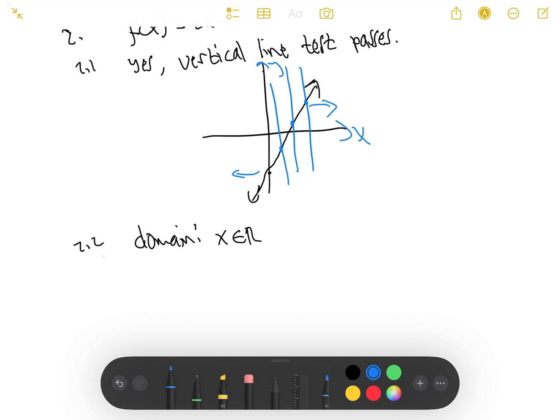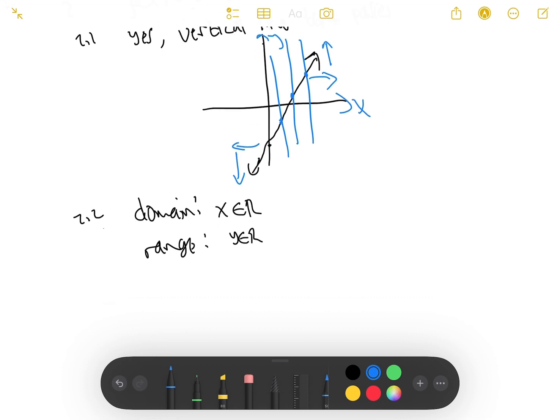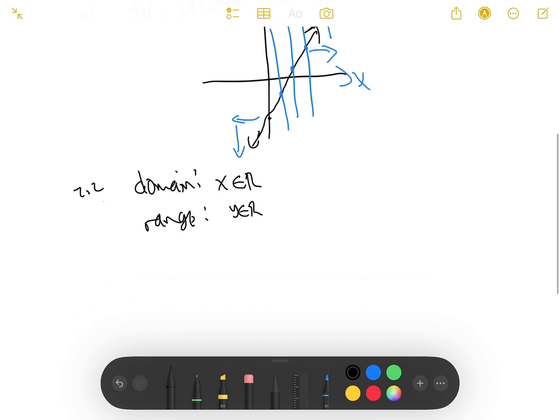Speaking about the range, y is an element of the real numbers. Why is that? It goes infinitely down and infinitely up, right? So y is an element of the real numbers.